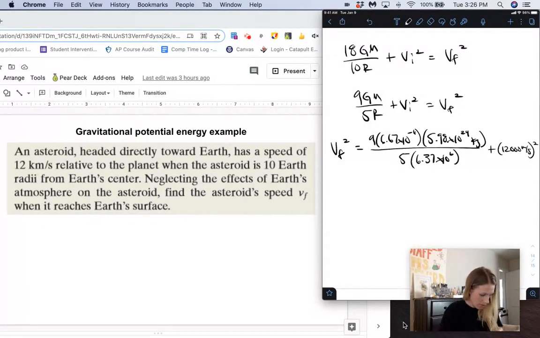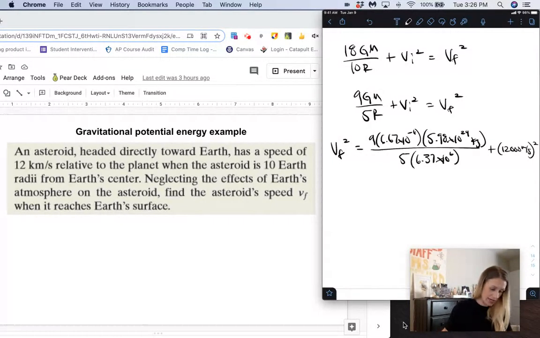So here we get 9 times 6.67 times 10 to the negative 11th times 5.98 times 10 to the 24th, and then I'm going to divide that number by 5 times 6.37 times 10 to the 6. And then I'm going to add 12,000 squared.